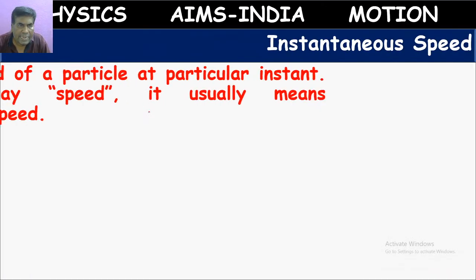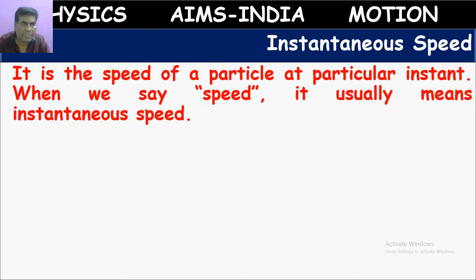So instantaneous speed. You know about instant coffee. You will come across TV advertisements, Brew instant coffee. Why do we call it brew instant coffee? It is not like filter coffee. Filter coffee means at night we have to make the filter with that powder, and in the morning we can make filter coffee.